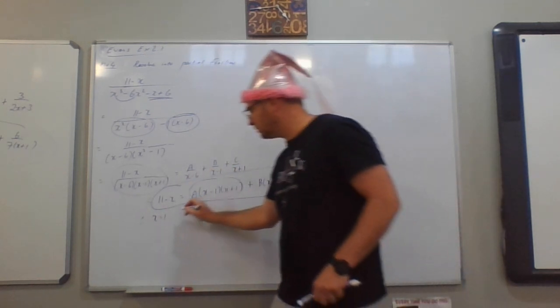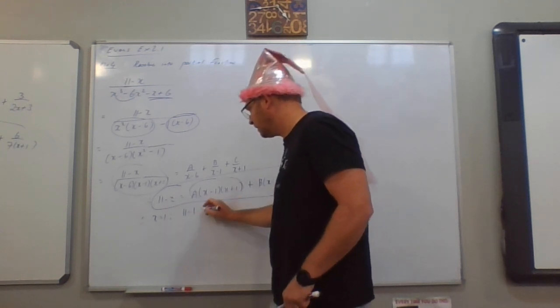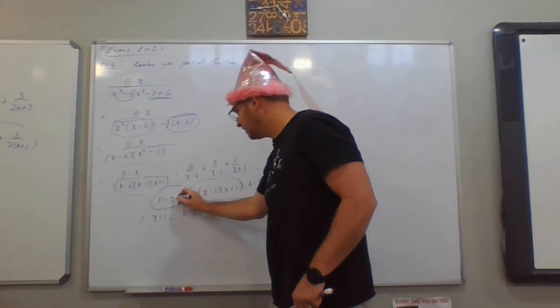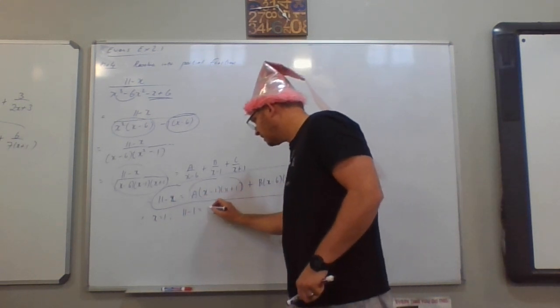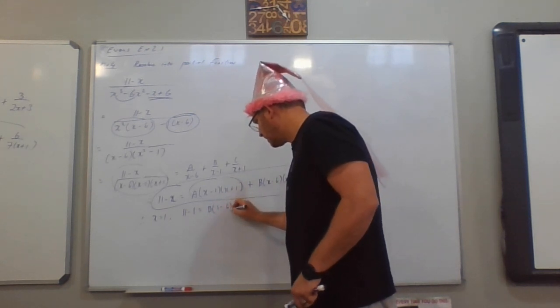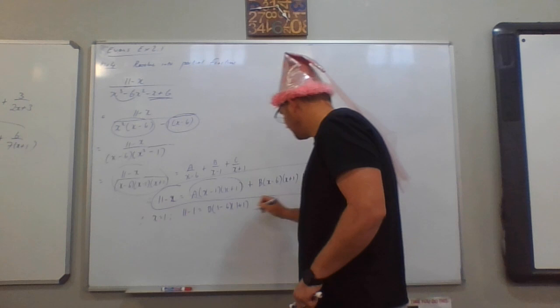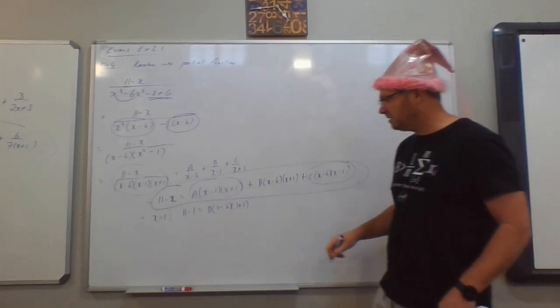Okay, if x is equal to 1, I get 11 minus 1 if I replace x with 1. That'll disappear. This won't disappear. So I'll get b, x is equal to 1, so I get (1 minus 6)(1 plus 1). Here, if I put x is equal to 1, that whole term over there will disappear.